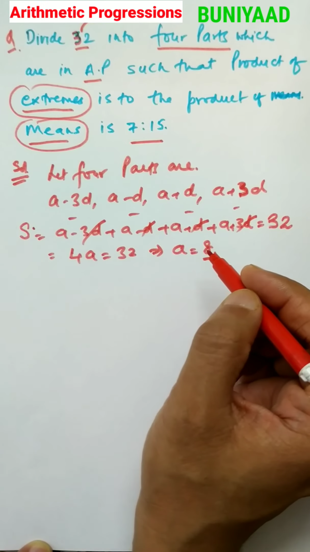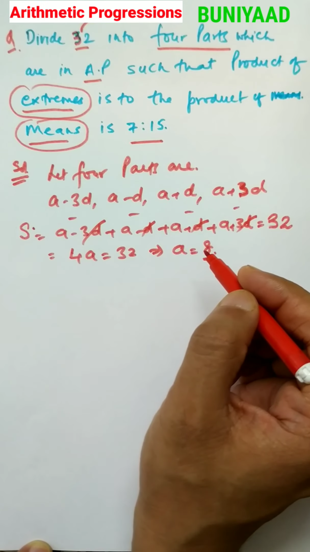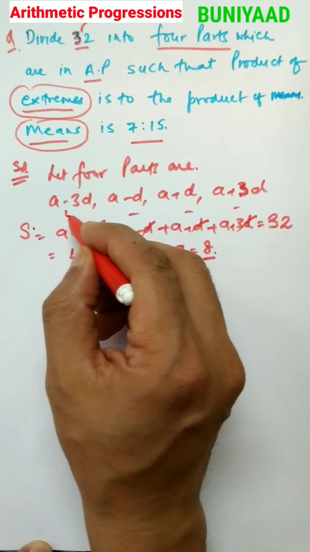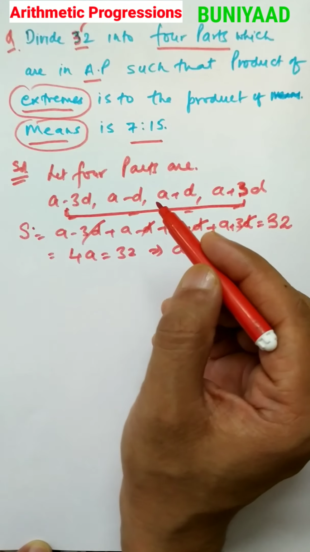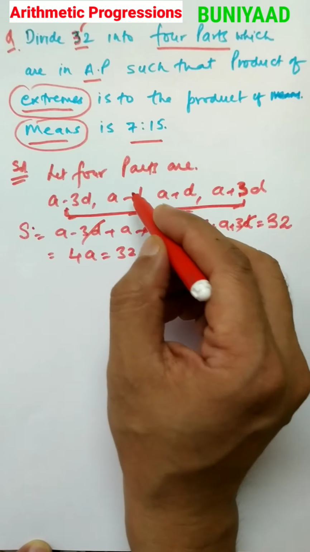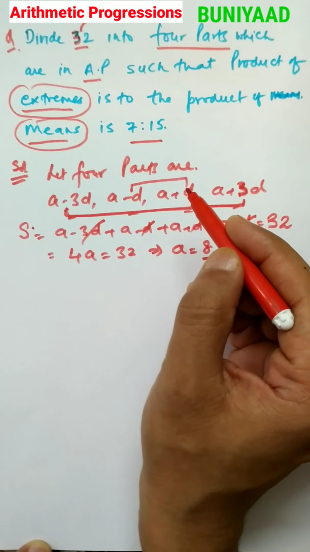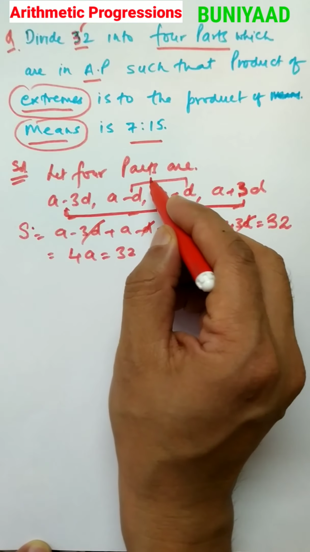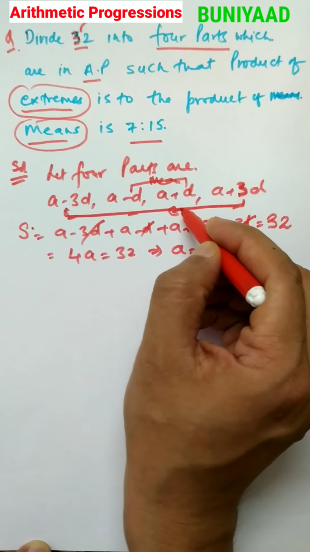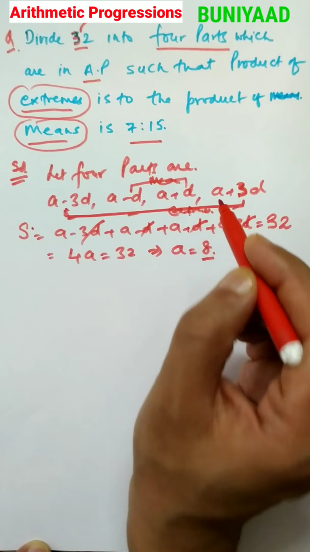You got a, right? Now what about the extreme and mean terms? If the 4 terms are there, the first and the fourth term are called extreme terms and these 2 terms are called means. Second and third are the mean terms and these are your extreme terms, right?